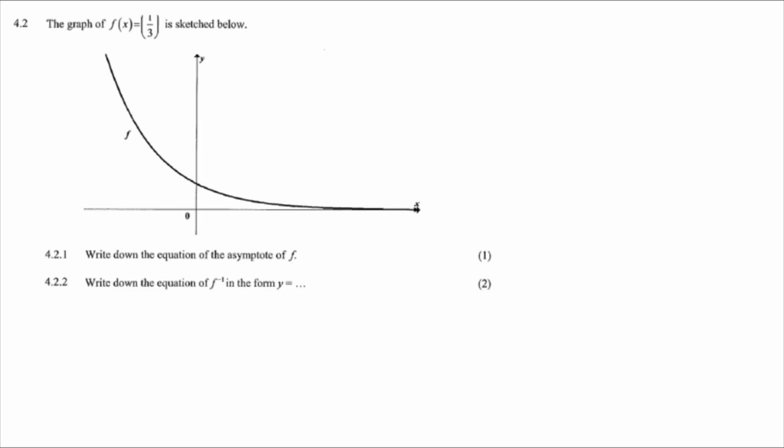4.2, we are given an exponential function over here, and we have to write down the equations of the asymptote of f. Now if you look at the function here, the function seems to be converging on the x-intercept, so meaning that it is approaching the x-intercept, but does not reach the x-intercept.